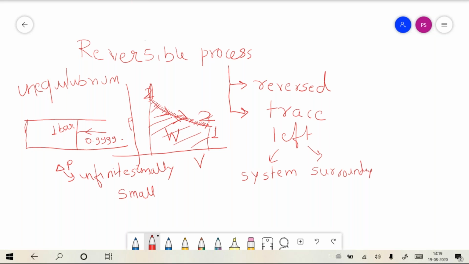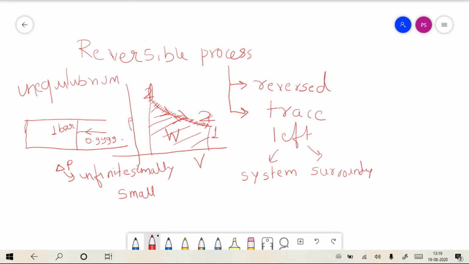It moves extremely slowly such that all the intermediate states are in thermodynamic equilibrium, and there is no dissipation, there is no friction, then we can get back again from 2 to 1 without any trace on the surrounding, because this work would then be nullified. You would be getting the same work.